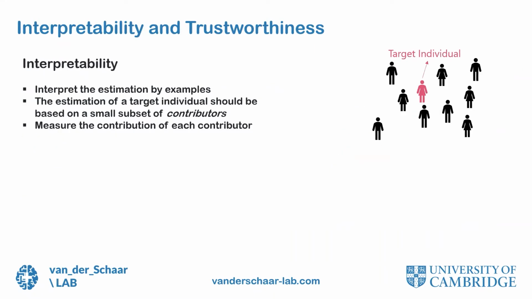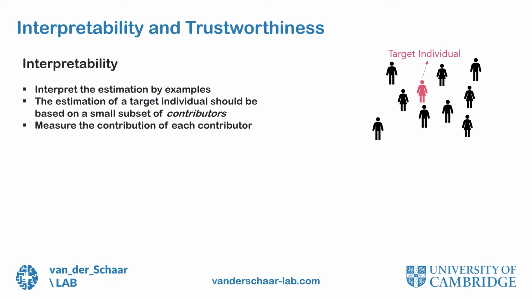Before diving into the method, I wish to explain the notions of interpretability and trustworthiness. There are different notions of interpretability. Here we adopt the notion of interpretable by examples. This means that the estimation for any target individual should be explainable by a small set of contributors. And the algorithm can also measure the contribution of each contributor. Here as an illustration, we look at the figure on the right.